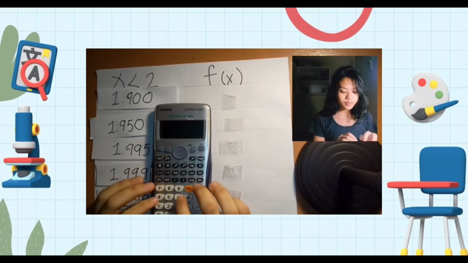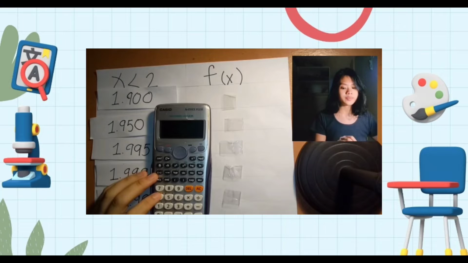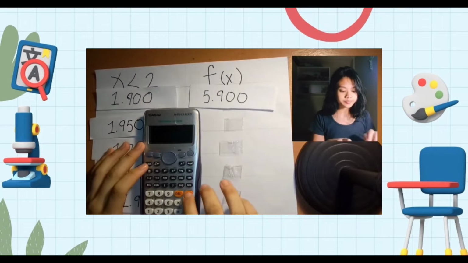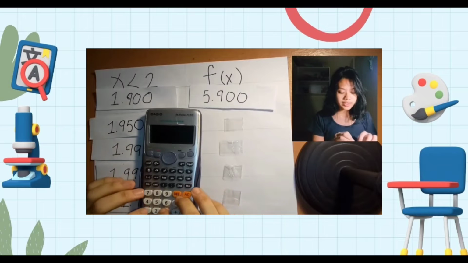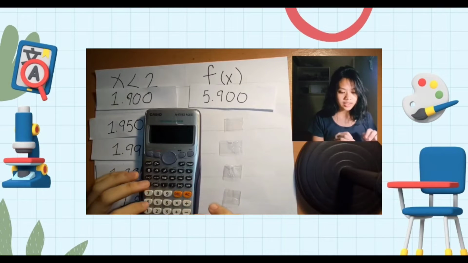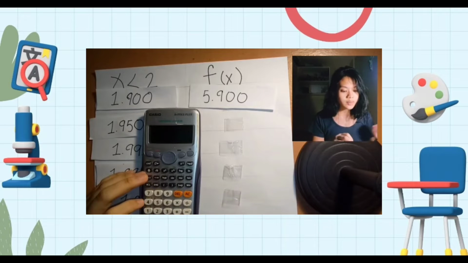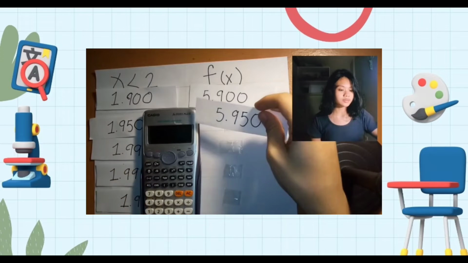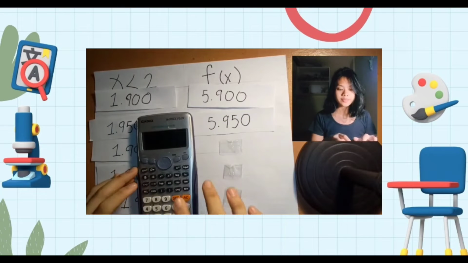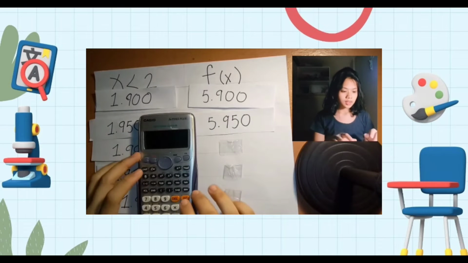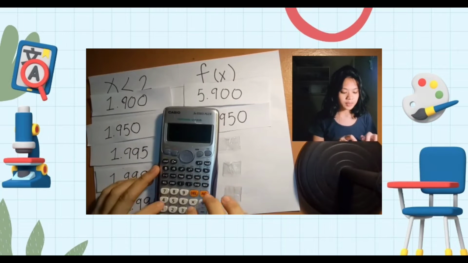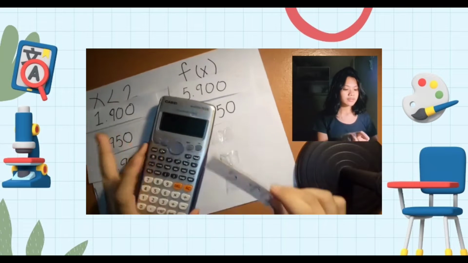1.900 plus 4 equals 5.90. Next is 1.950 plus 4 equals 5.95. Next is 1.995 plus 4 equals 5.995.